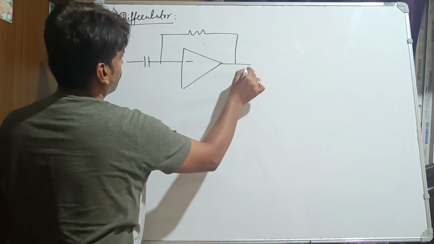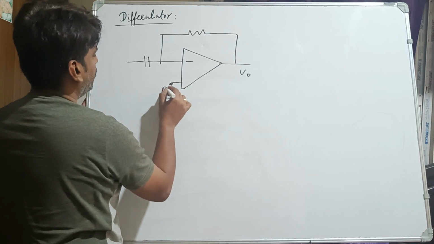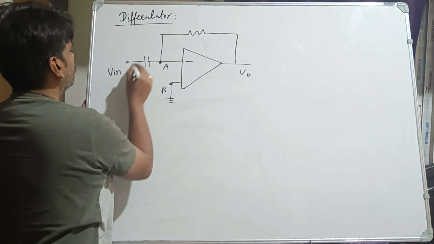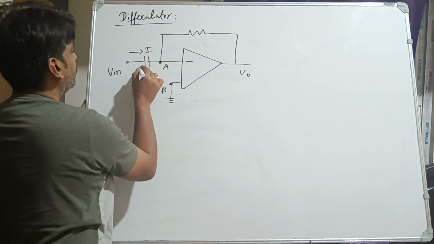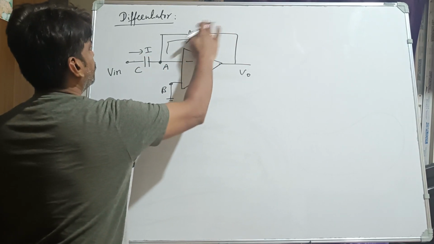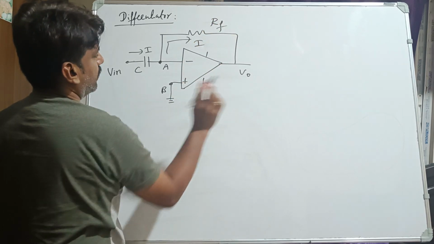It is the output, right? This is grounded. This is point B and this is point A. Here it is the input through which the current I flows, so it is C. The same current I flows through R, which is the feedback resistance.